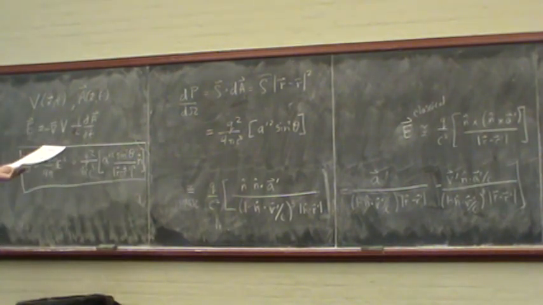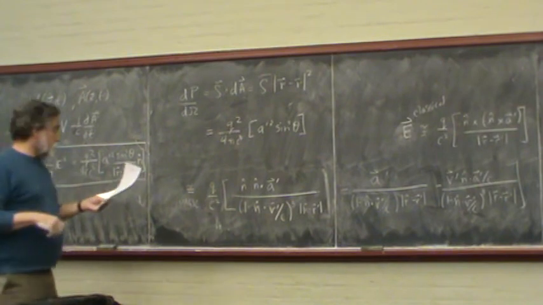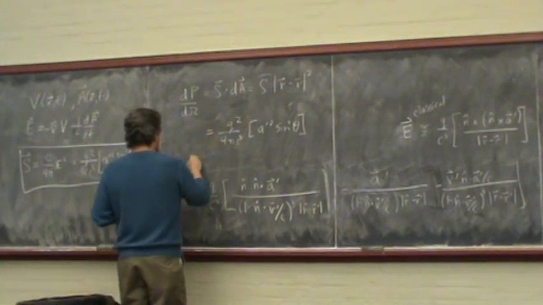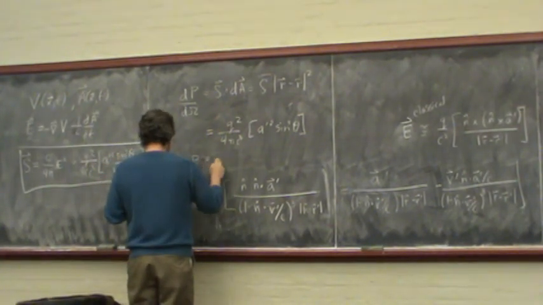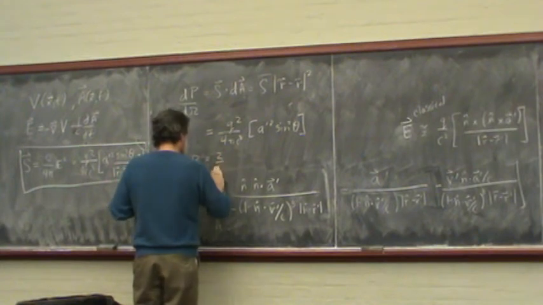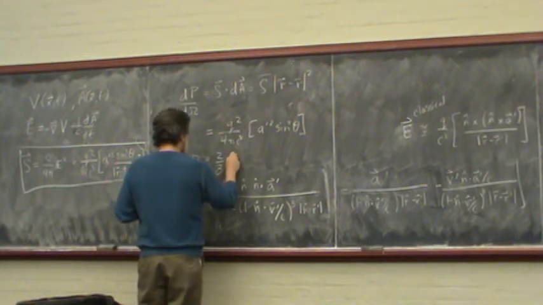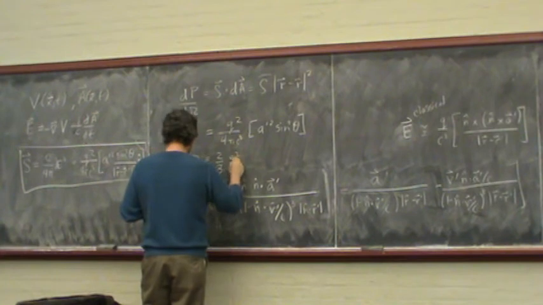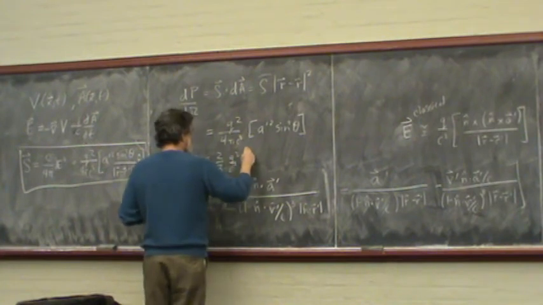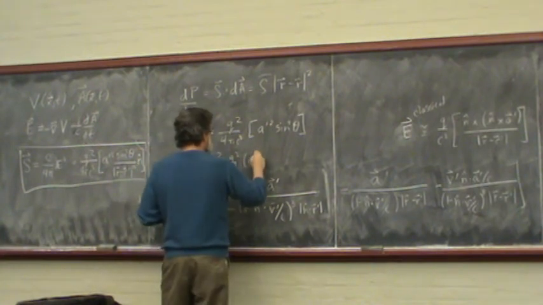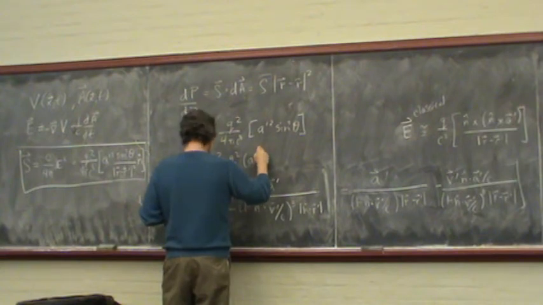And the total power radiated then by that accelerating charge, I just integrate that over all angles. And so total power is 2/3 q squared over c cubed times the acceleration squared.